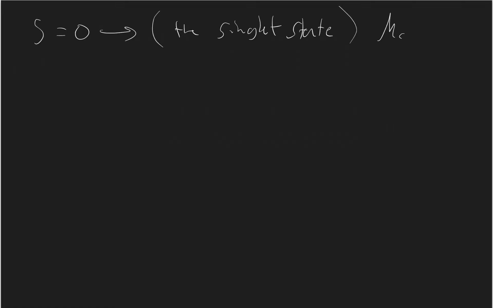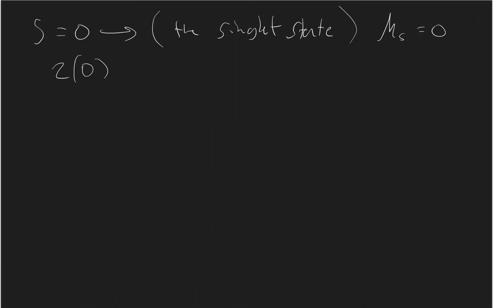Now let's look at s equals 0. This is what we call the singlet state. For the singlet state, the only possible value of m sub s is 0.